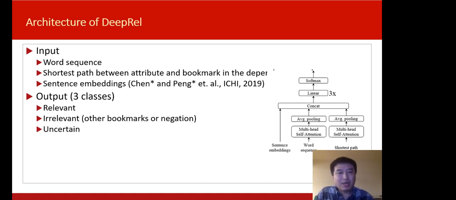Here, I just want to emphasize that for this problem, the input is a sentence with the attribute and the bookmark annotated, and the output is a 3-class label, which are relevant, irrelevant, or uncertain types of relation between the attributes and bookmark.